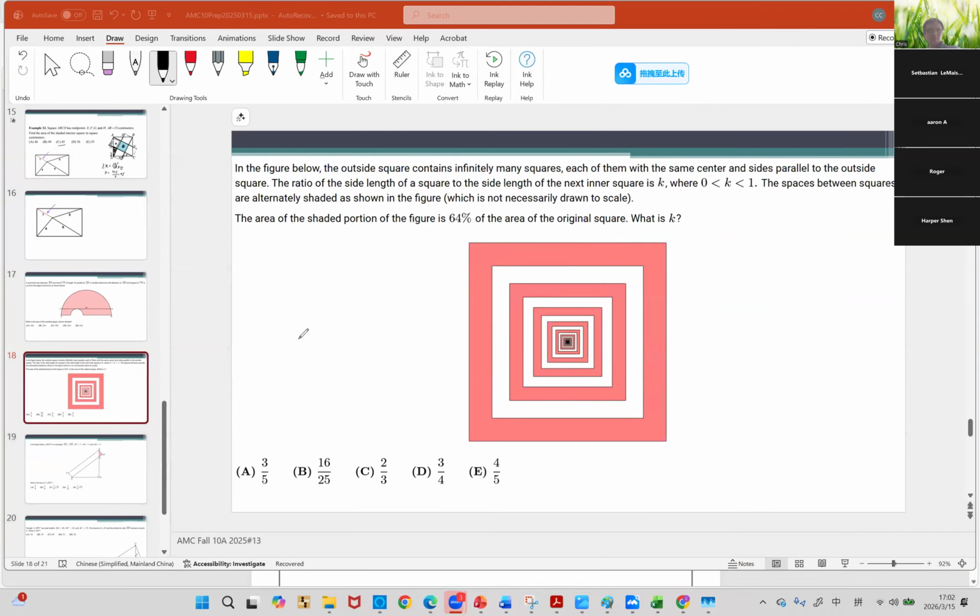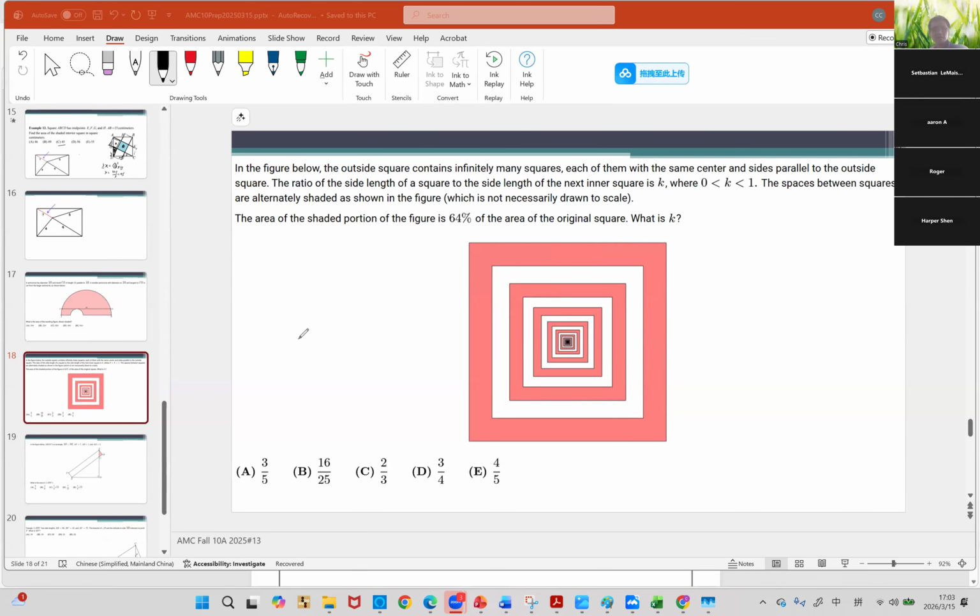This is also from last fall, it's number 13. We have an outer square that contains infinitely many squares, each with the same side length ratio, K, alternating.